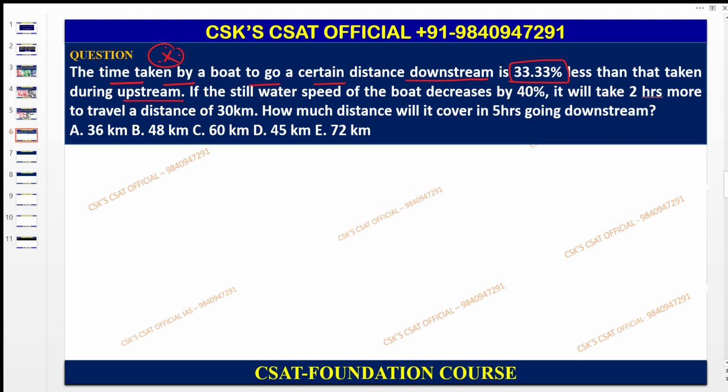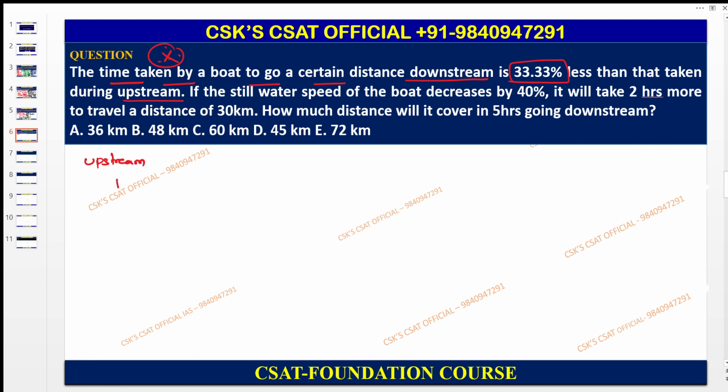upstream. First of all, you need to understand some logic here. We don't know the upstream speed, and we don't know the time either, but we know that 33.33 percent less time is taken by the downstream compared to the upstream.